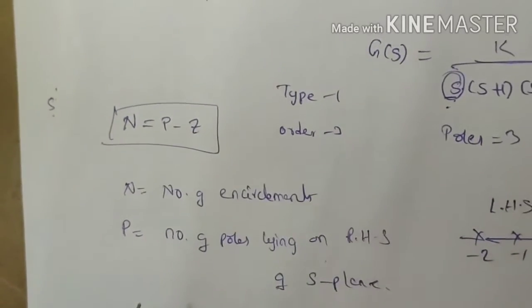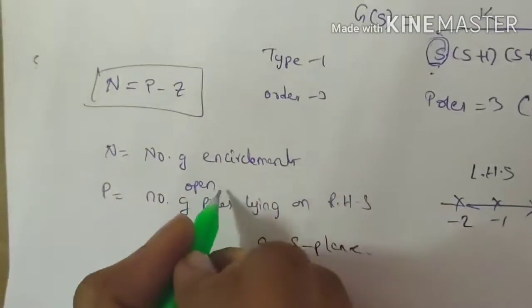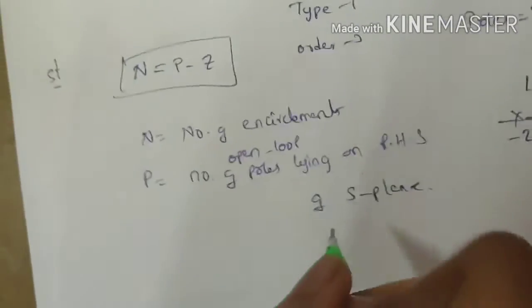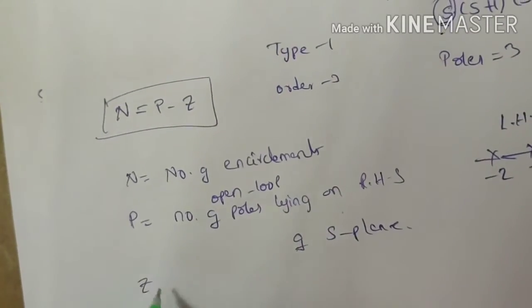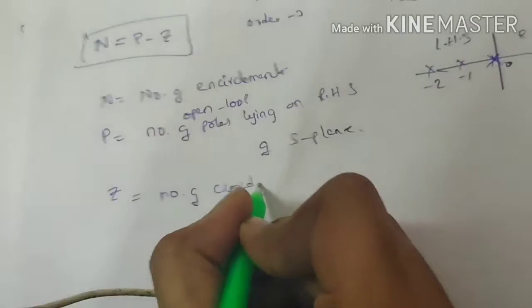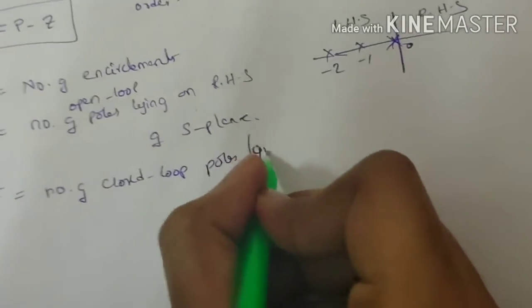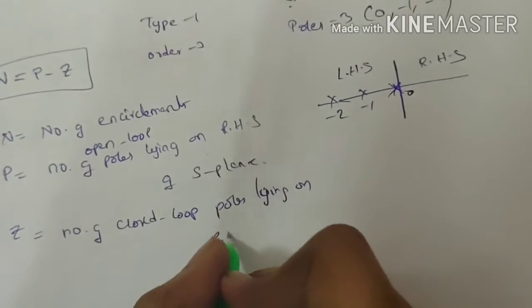But which poles? P represents the number of open loop poles lying on the right hand side of the S plane. Now Z equals the number of closed loop poles lying on the right hand side of the S plane.